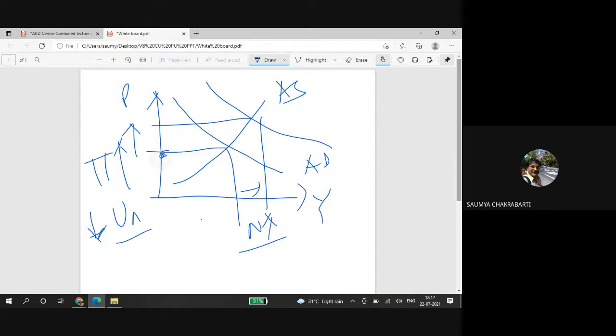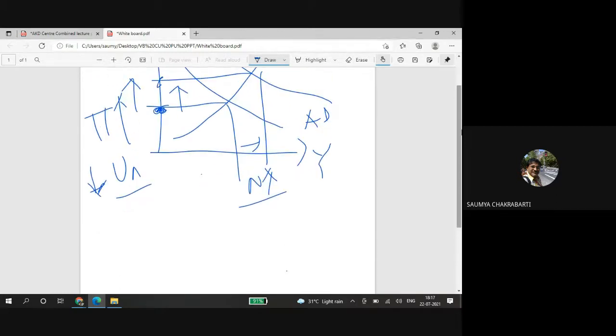Here pi is the rate of inflation, becoming positive from 0. So what we find from Keynesian theory is an inverse relationship between inflation and unemployment.